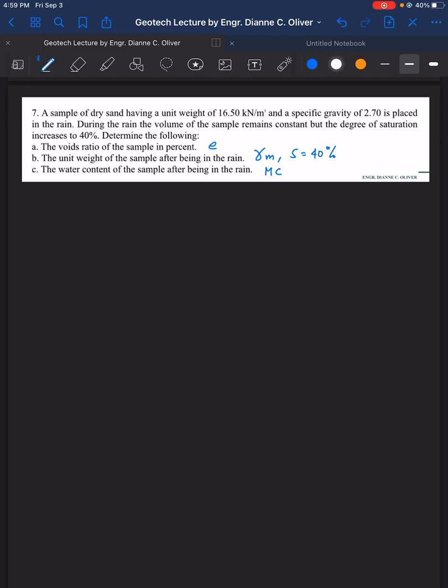Okay, let's go to the given. So, dry sand with a unit weight of 16.5. So, gamma dry, 16.5 kilonewton per cubic meter. Specific gravity G, 2.7. Then S, 40%, or that is 0.4. Okay, so let's solve for letter A. Void ratio.